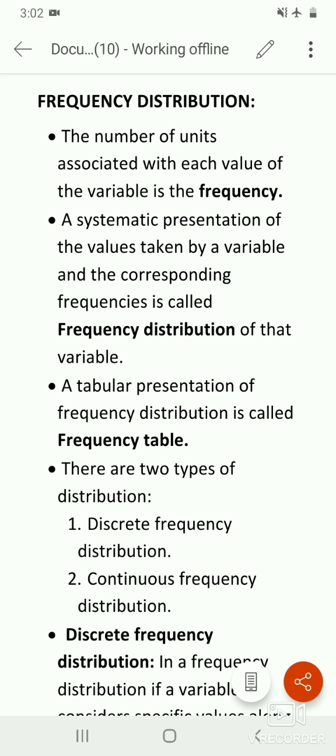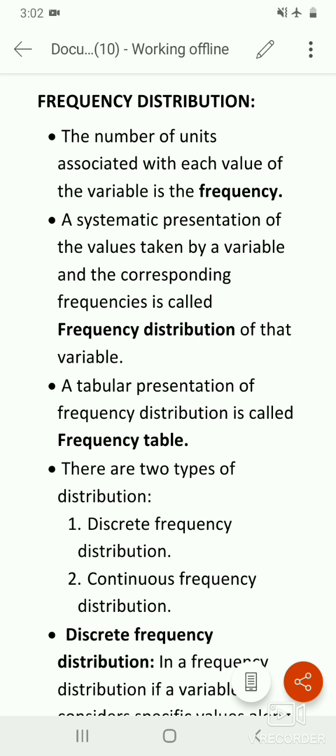Sorting the data according to ascending or descending order is known as an array. If the data is large, it is impractical to arrange the data in an array. In such a situation we go for grouping of the data. After arranging the data in an array, the first step should be to reduce the number of values by grouping the repeated values of the variable.